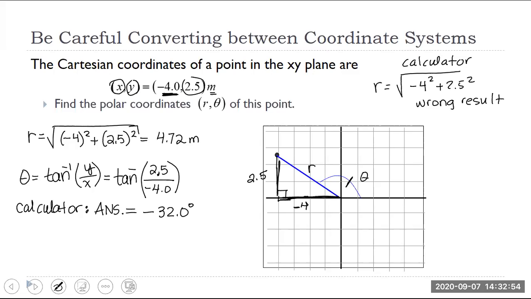So 2.5 divided by negative 4, and then inverse tangent. You have the inverse tangent on your calculator? Where it says tangent, you press shift or second, and that's inverse.